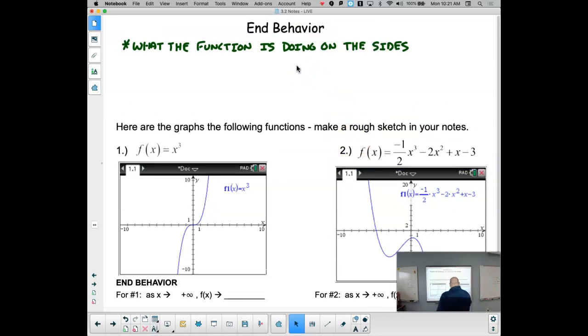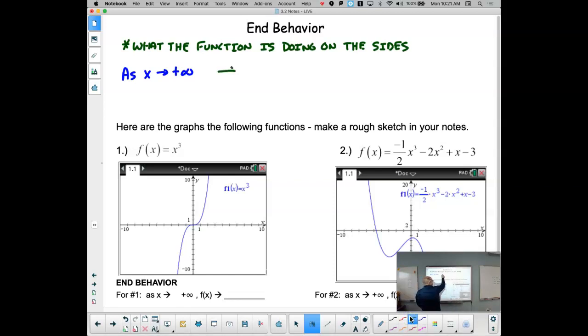So, the phrase, as x approaches positive infinity, that phrase means the right side of your graph. That's how it's said in math. What your function is doing on the right side is said as x goes to positive infinity.